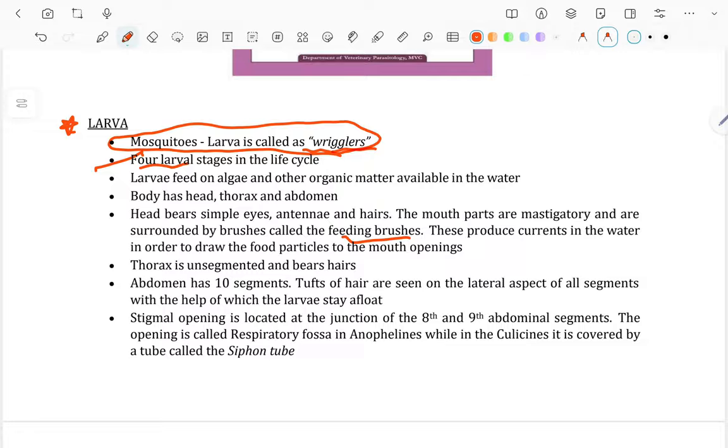The abdomen has 10 segments. Tufts of hair are seen on the lateral aspect of all segments, with the help of which the larvae stay afloat. The stigmal opening is located at the junction of the 8th and 9th abdominal segments. The opening is called the respiratory fossa in Anopheles, while in Culicines it is covered by a tube called the siphon tube.